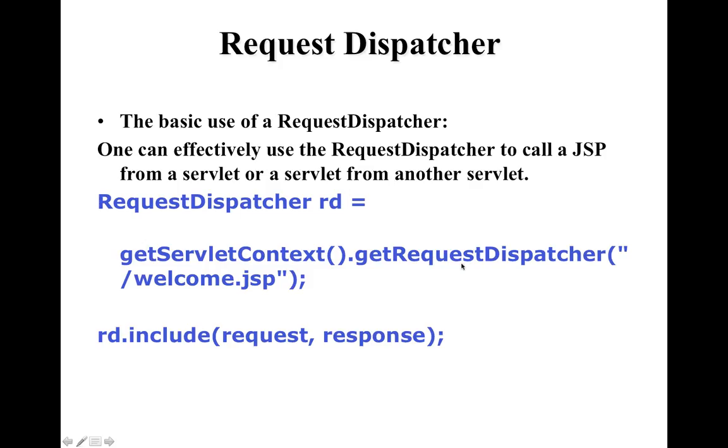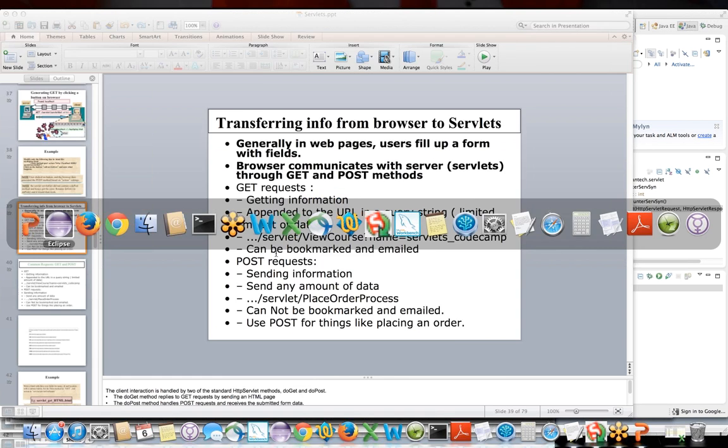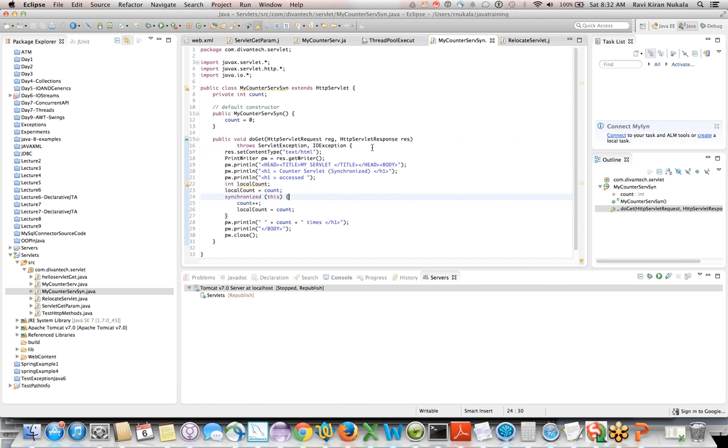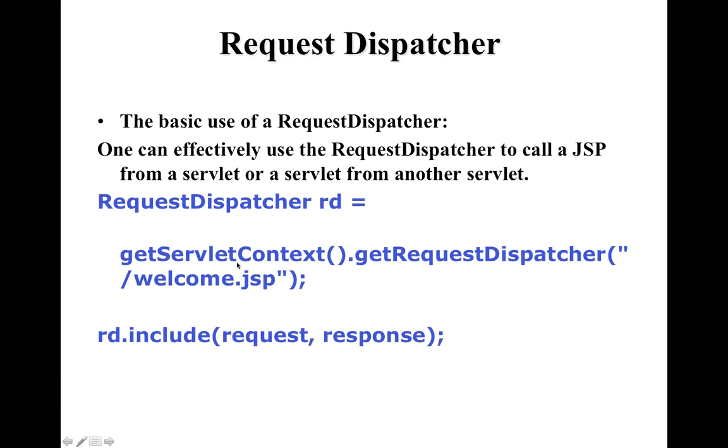So there is a catch here. This request dispatcher can be gotten from either the servlet context or also from the servlet request. You have seen getServletContext dot this one here, right?